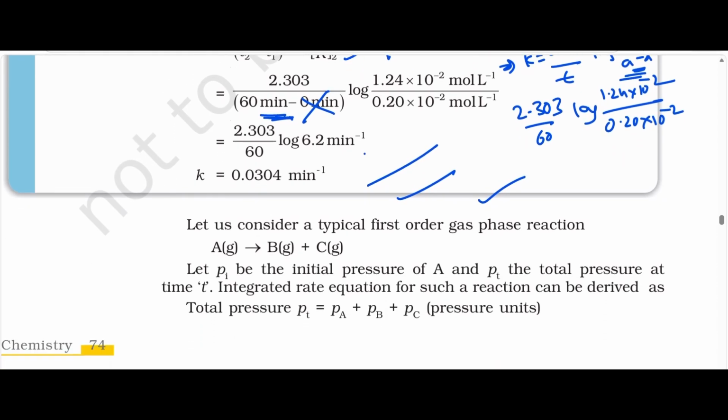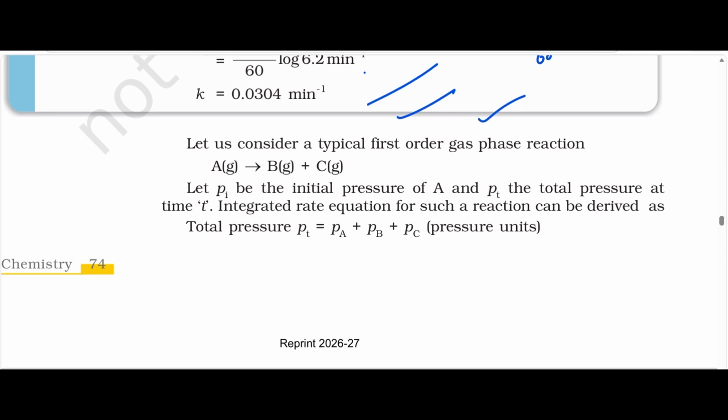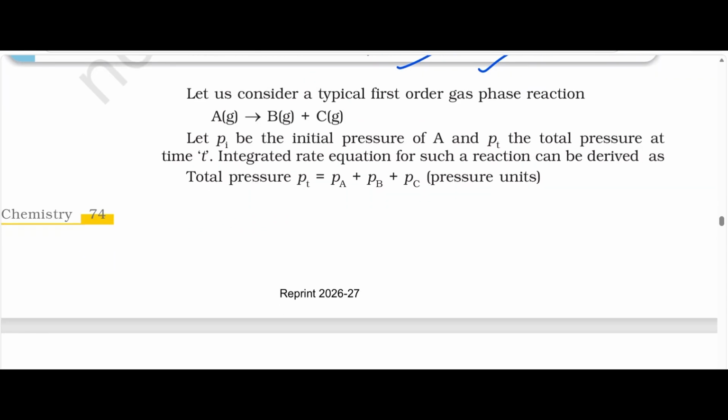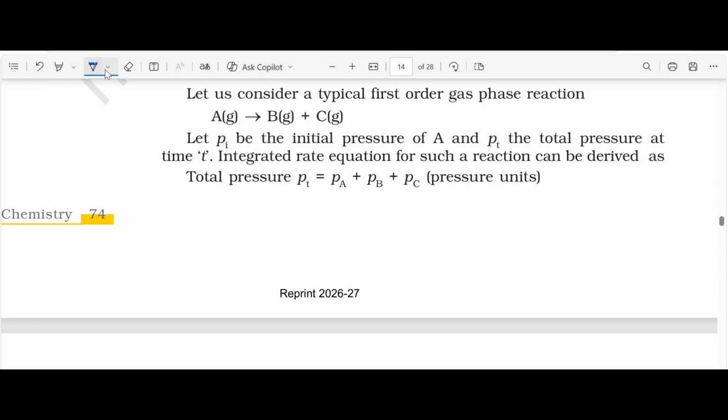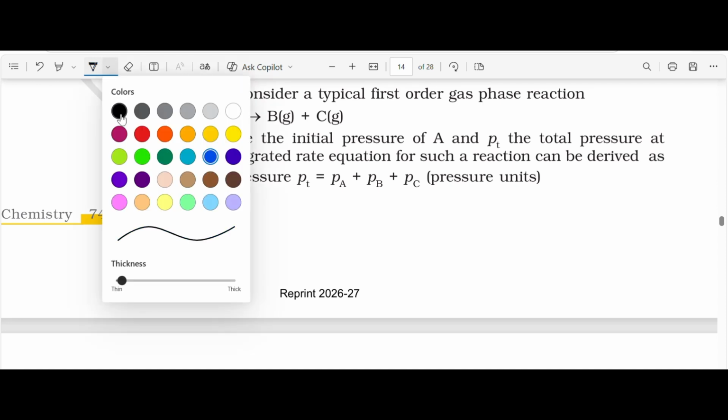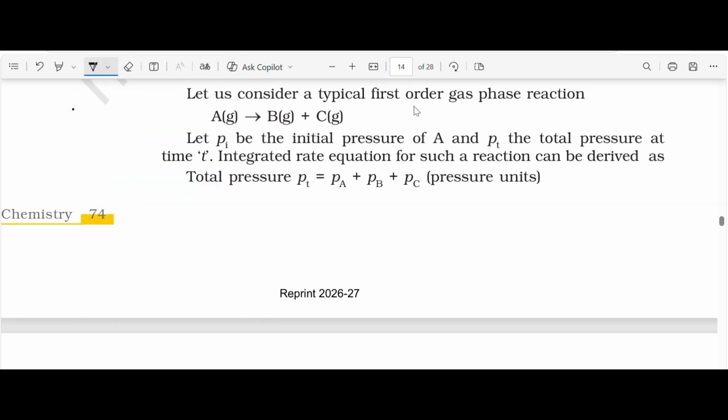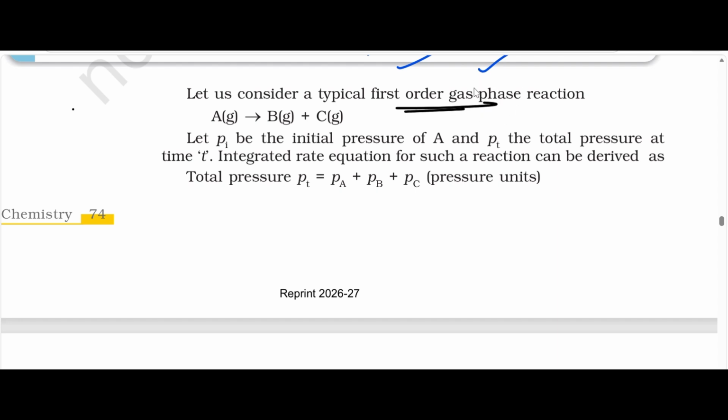Clear? Now let's see the most important case in the first order reaction, that is first order reaction in gaseous phase. This is very important in a gaseous phase. Already I have explained in basics, when the reactants are gases, you need to consider pressure instead of concentration.